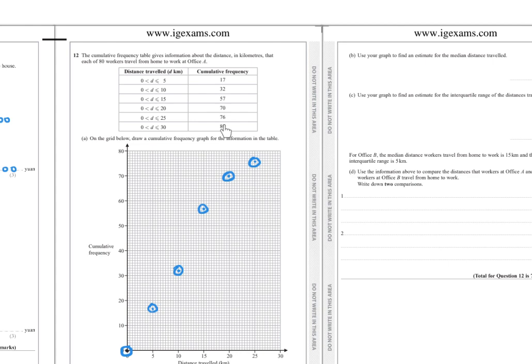Then 3080. Now join the points with a smooth curve.